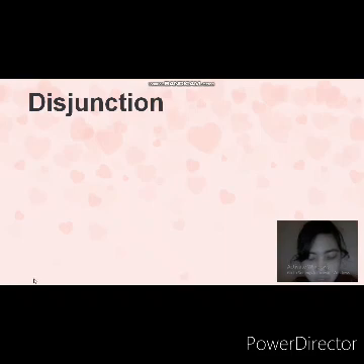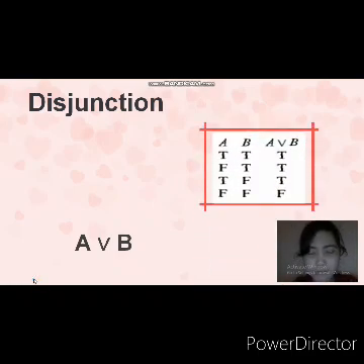We shall introduce a special sign ∨ for the inclusive connective. Its truth table is as follows. Thus, A or B is false when and only when both A and B are false. A or B is called a disjunction with the disjuncts A and B.